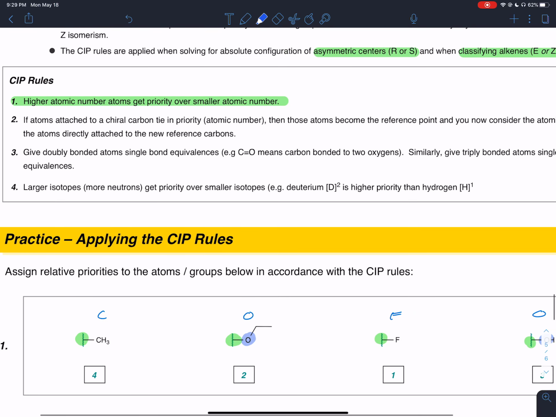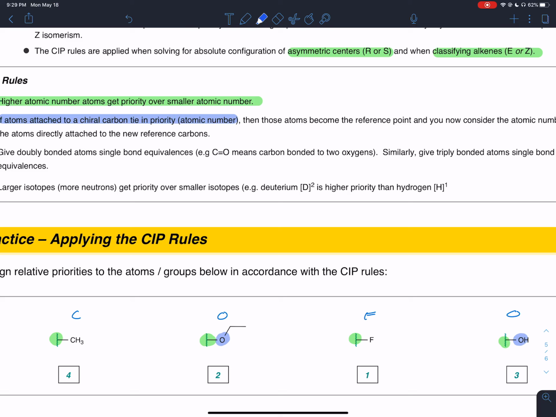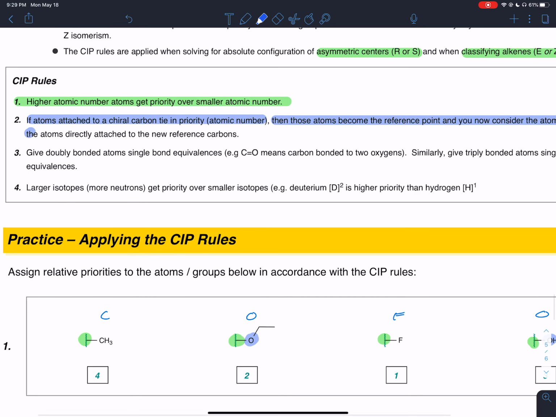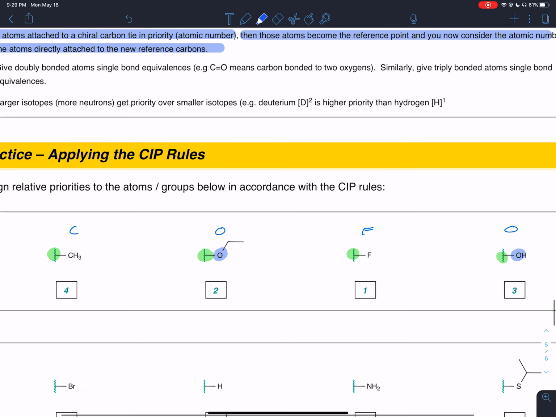The second rule is if the atoms directly attached to the chiral carbon or E/Z double bond carbons tie in atomic number, then those atoms, in this case oxygen atoms, now become our reference point, and we consider the atomic number of the atoms that are directly attached to those new reference points, whether they're carbon or another atom.